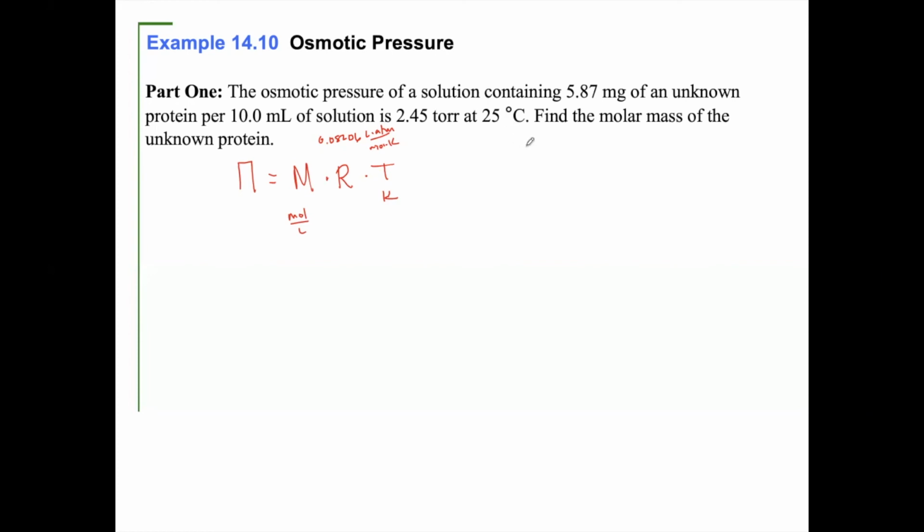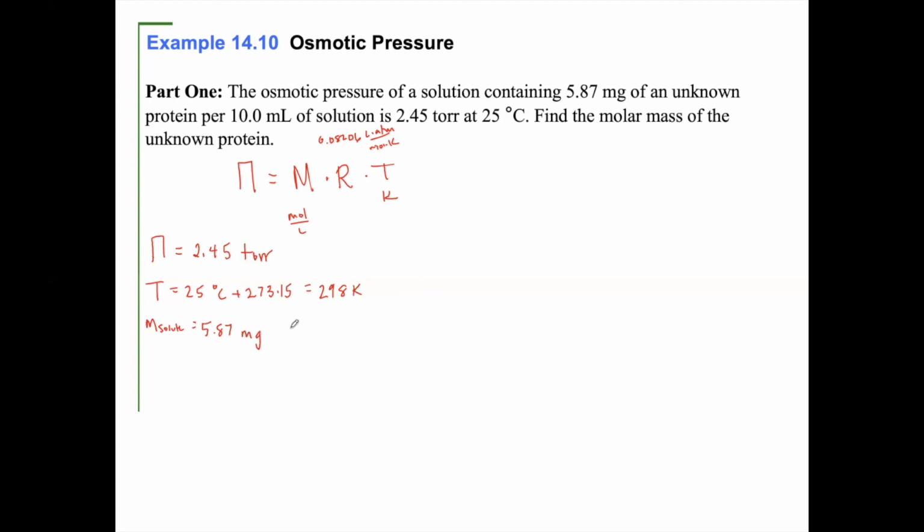Okay, so let's just kind of take note of what all of our knowns are. So we've been given osmotic pressure in this question. So osmotic pressure here is 2.45 torr. We've also been given temperature. Remember, temperature for this formula needs to be in Kelvin. And the mass of the solute is 5.87 milligrams.